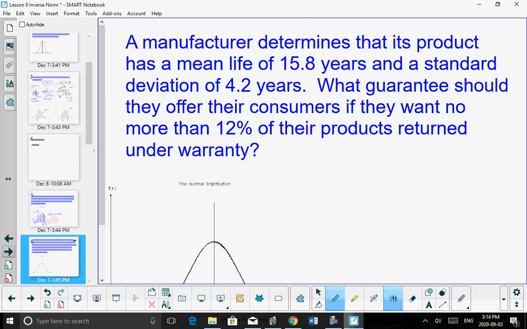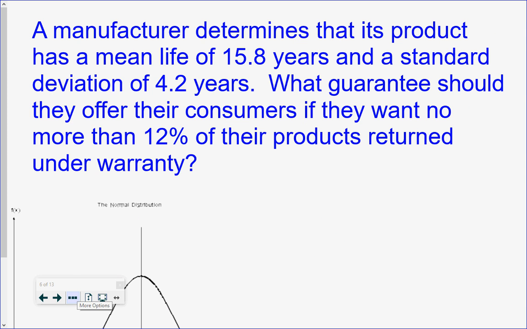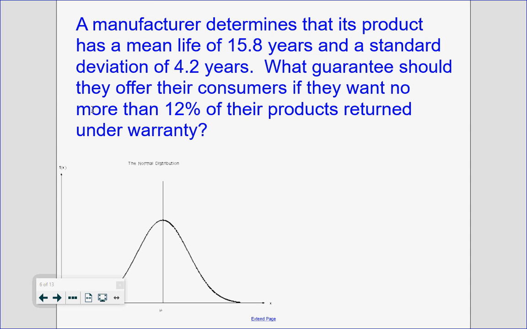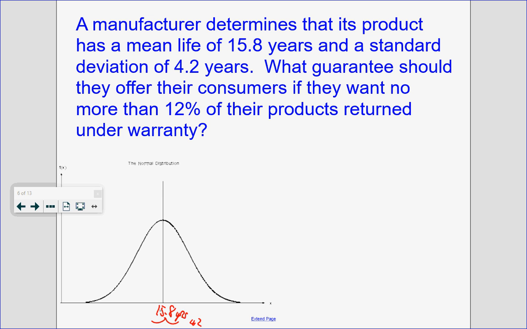Okay, a manufacturer, I'm just going to change this here to full screen. A manufacturer determines that its products have a mean life of 15.8 years. Maybe this is microwave ovens. So their microwave ovens last 15.8 years on average, with a standard deviation of 4.2 years.